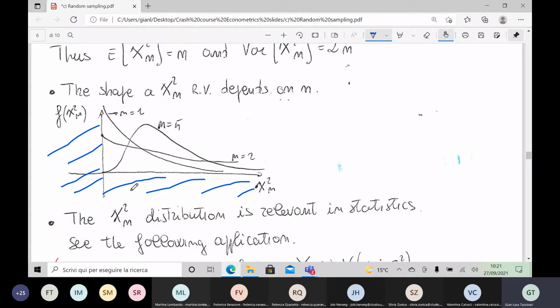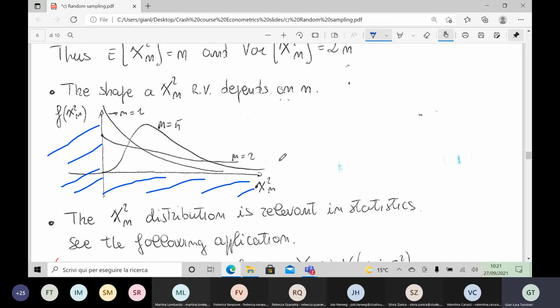In fact, remember that this variable, the chi-square, can assume values only on the positive part of the x-axis, which is this one. In particular, it can assume value 0. And as I told you, you can cancel everything here. Now, you must not be able to plot it.